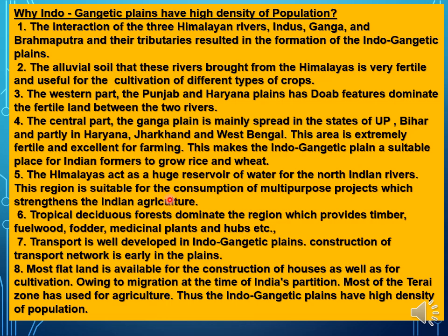It is very easy for people to construct roads or other things very fast. They can transport from one area to another. So automatically settlements develop there, and this region provides timber, fuel wood, fodder, medicine, etc. Transport was also well developed. Because of these reasons, the Indo-Gangetic plains have a high density of population.